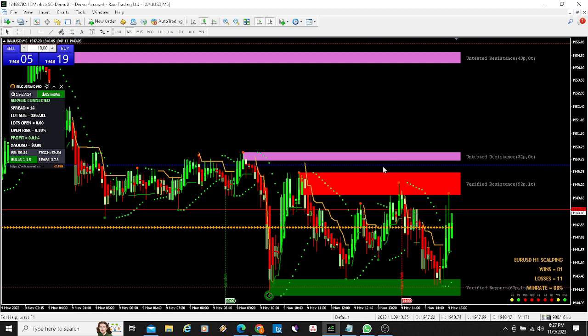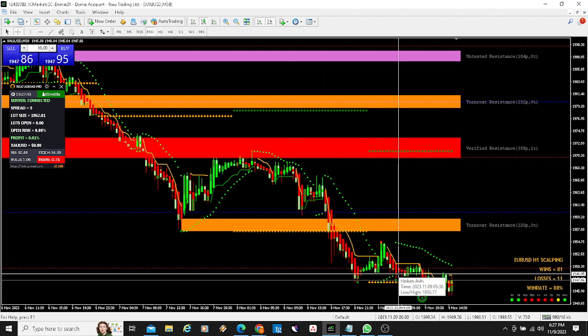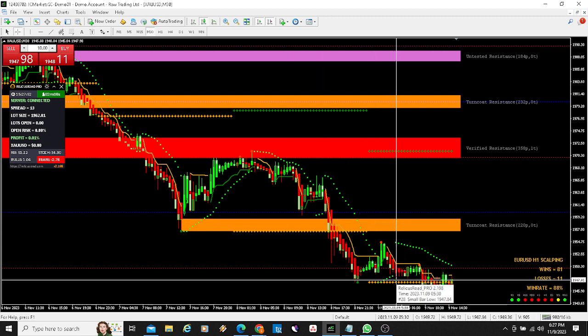But the problem with these parabolic signals, if you go for higher time frames like M15 or M30, is that they are very late. For example, if you see over here, the dynamic circle appeared over here, the super trend line appeared on this candle, but the parabolic appeared on this particular candle, on which you already got this dynamic reversal signal.